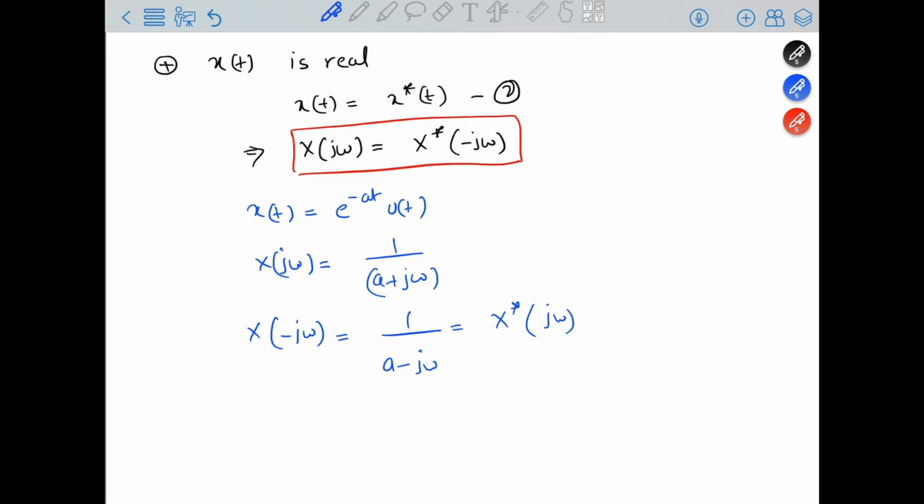So if we take the X conjugate of j omega, the output will be 1 by a minus j omega. So X conjugate is equivalent to X of minus j omega when x(t) is a real function. It is just a small example to understand this statement.